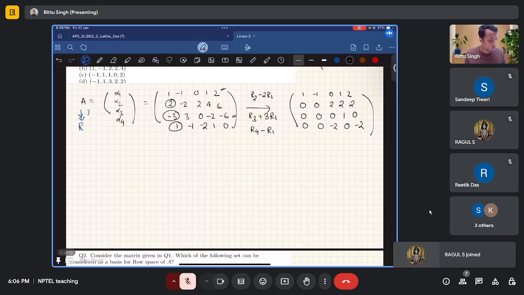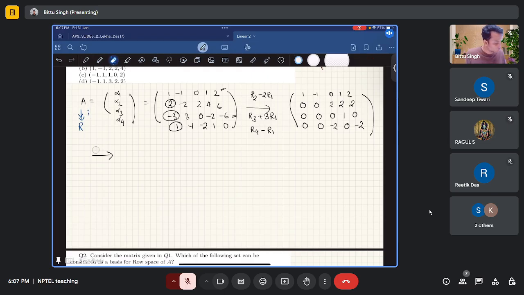So now, again perform row operations. What will be the next step? So everything is right, correct? Okay. So the next step will be, you can see that if we add R4, no, this is not right. So what we can do is make the leading entry 1.